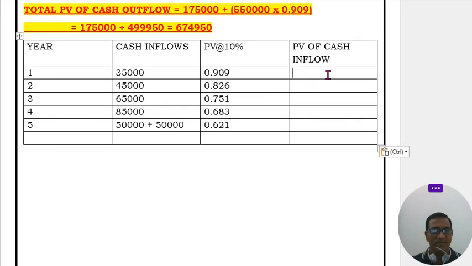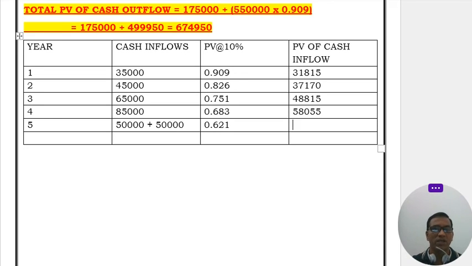Now PV of cash inflow, that is cash inflow multiplied by table values. 35,000 multiply with 0.909, that is 31,815. 45,000 multiply with 0.826, that is 37,170. 65,000 multiply with 0.751, that is 48,815. 85,000 multiply with 0.683, that is 58,055.